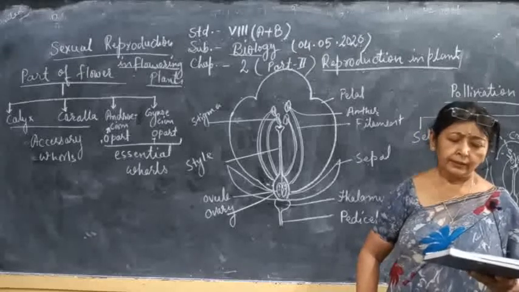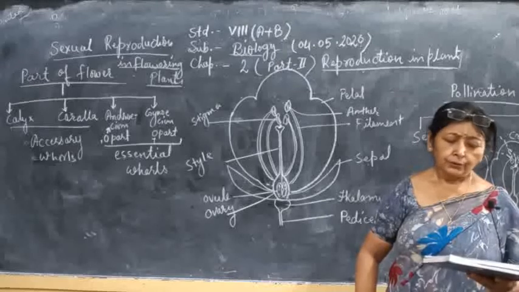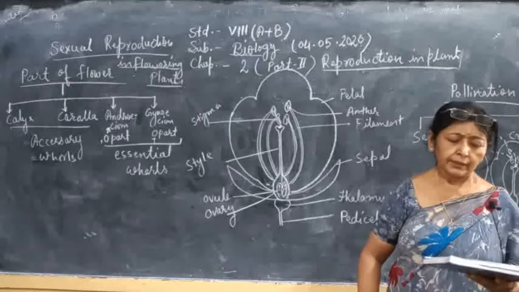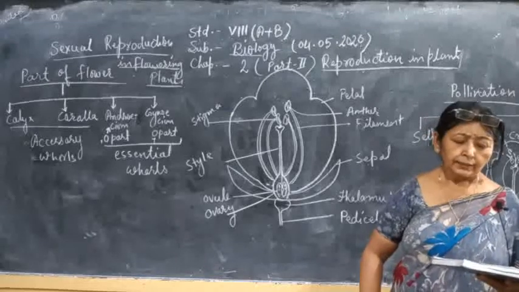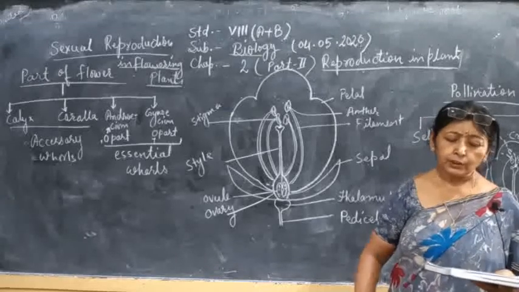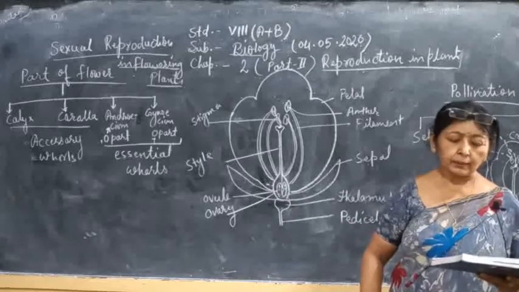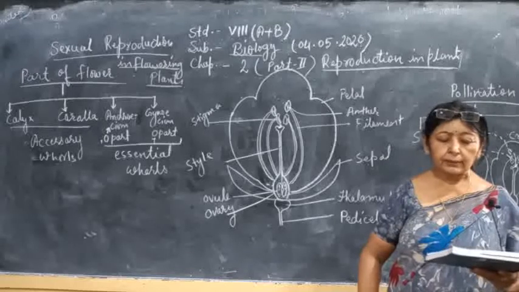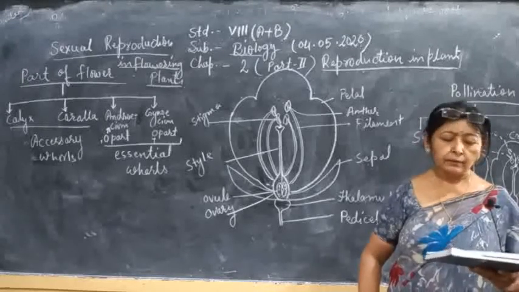The pollen grains are produced in large quantity so that at least some get a chance to reach the stigma. The style of the flower is projected out and has a large feathery stigma, which receives the flying pollen grains in the wind.